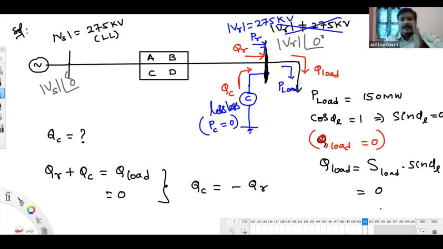Now the thing is, real power injected by the line into the bus, PR, is equal to P load because PC equals 0. PR equals P load, which is 150 megawatts.